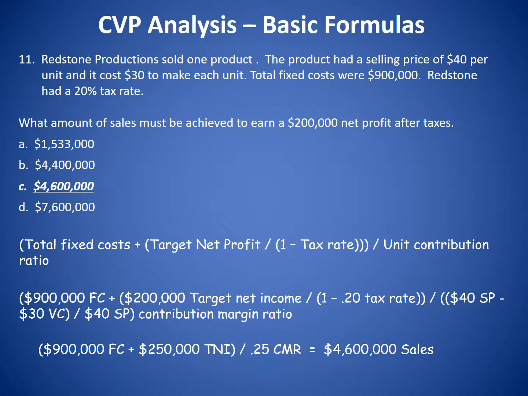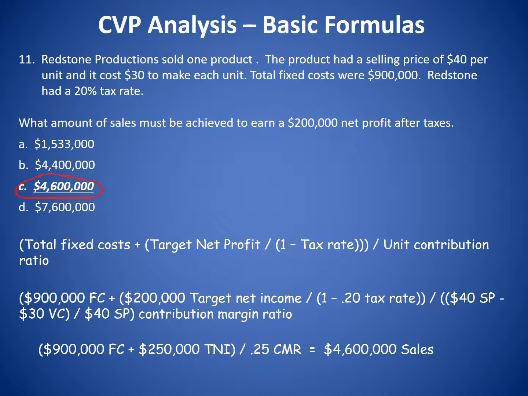Okay, number 11, again, Redstone Productions sold one product, and the product had a selling price of $40 a unit, cost of $30. Total fixed cost $900,000, and the company has a 20% tax rate, and they're asking what amount of sales volume is necessary to earn a net profit of $200,000 after taxes, and the answer in this case is C, $4,600,000.